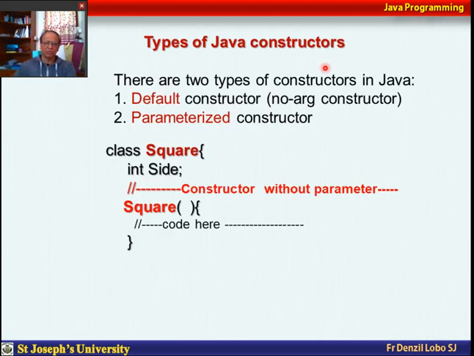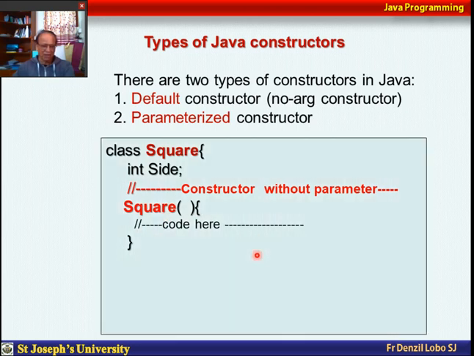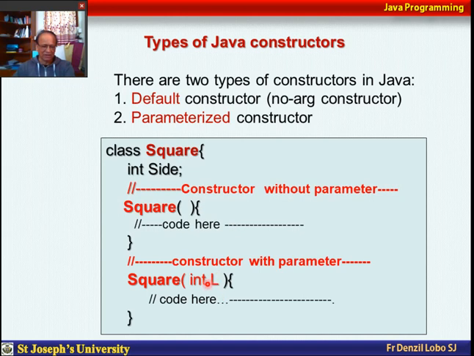We will come to those. For example, there are two types of constructors: a default constructor with no arguments, as you have seen in the earlier example, or a parameterized constructor, which is a constructor with parameters or arguments which can be given to it. As you see here, this is what we did just now. Square is a constructor without any parameters, but I could also have a constructor Square with a parameter.